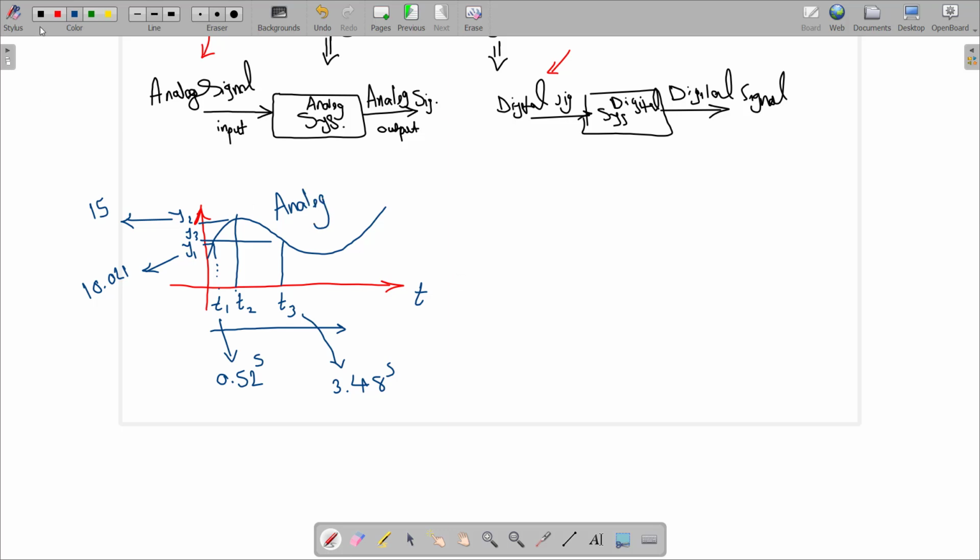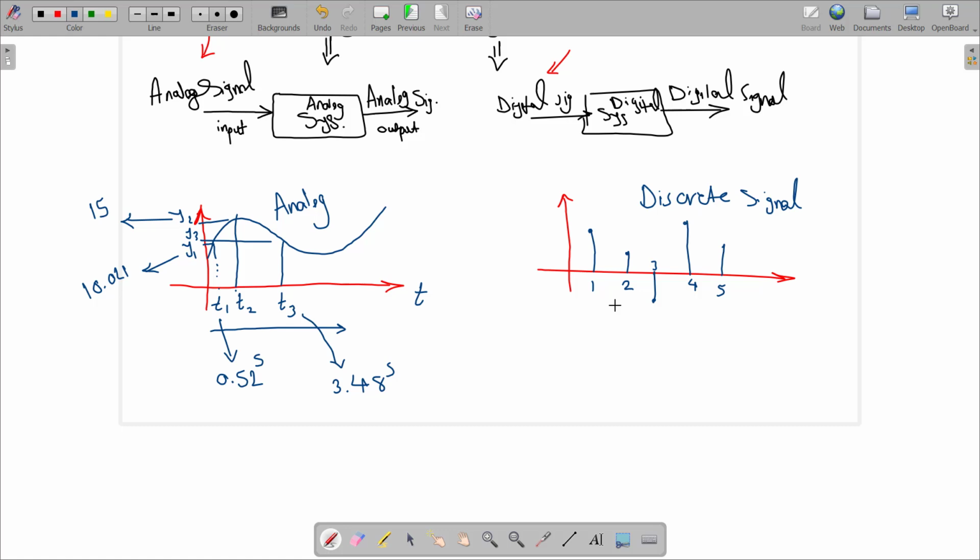On the other hand, if I have a signal that has discrete values, something like that, at distinct values of time for 1, 2, 3, 4, 5, we call this type of signal a discrete signal.